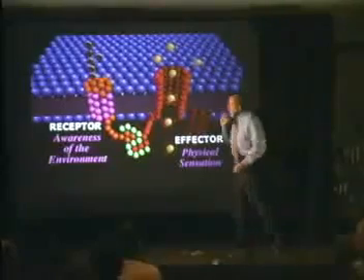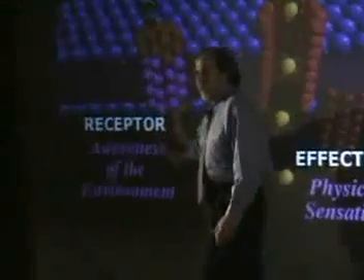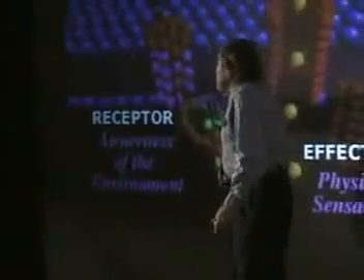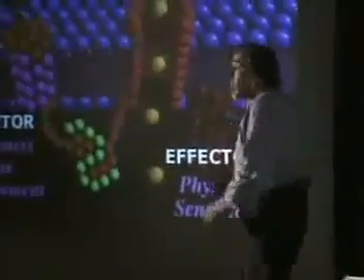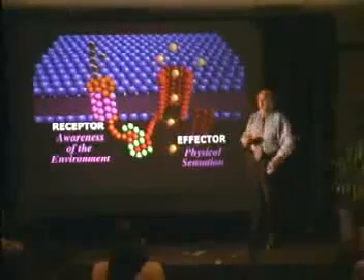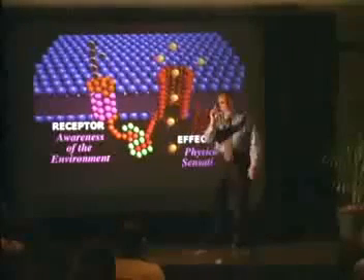Well, then look at it this way. The function of the receptor is awareness of the environment, right? It sees. But I have to convert that signal into a biological action. So the function of the output guy, the effector, is to create a physical sensation or response to that signal. Is that understandable so far? Why is this important? Go back and ask, the first step is this.